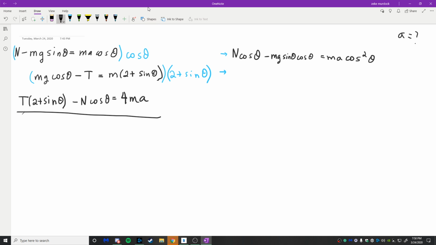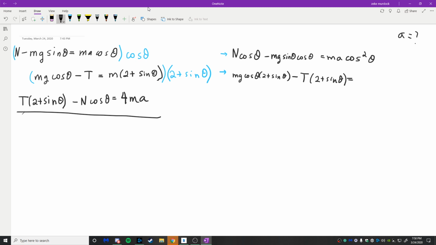So what that ends up being is mg cos theta. Okay. We're multiplying 2 plus sine theta times this, so it's times. And then minus t times equals.